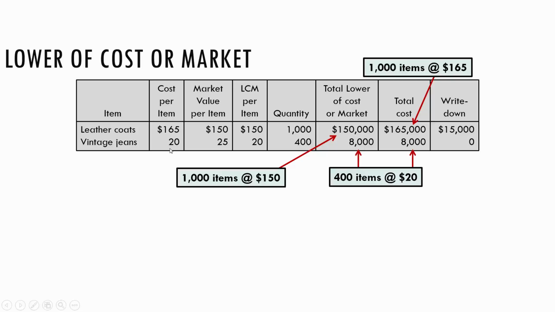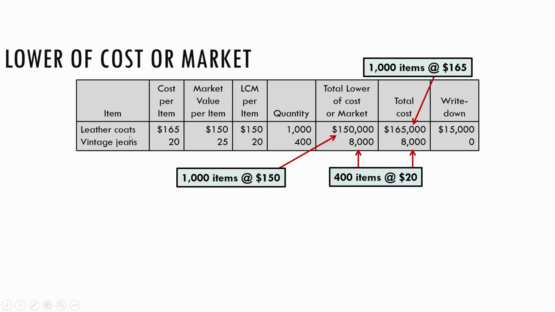It is $20 times 400, or our total cost for that item is $8,000. Since the lower of cost or market rule puts it at the same price as it is already in our balance sheet, we have no write-down at all for this item. So the only write-down we have is the $15,000 from the leather coats.